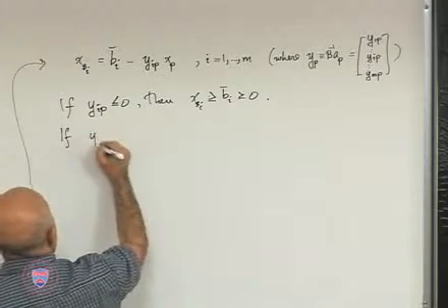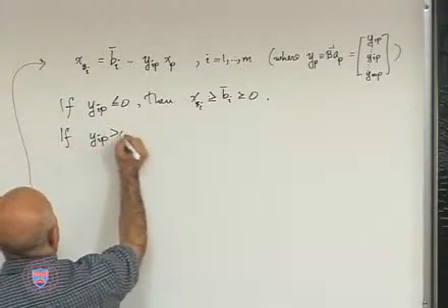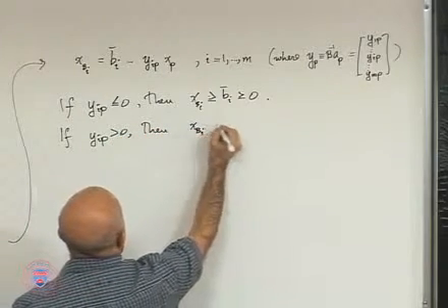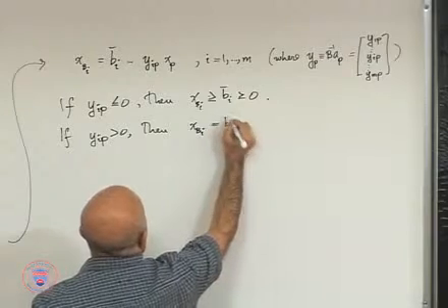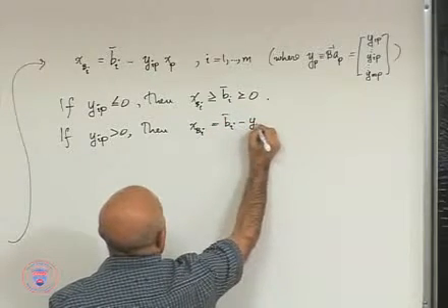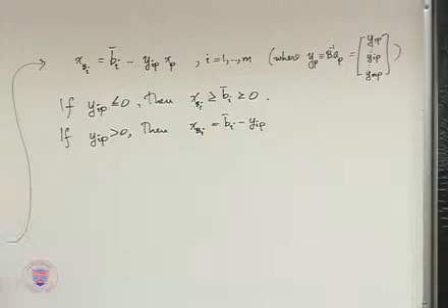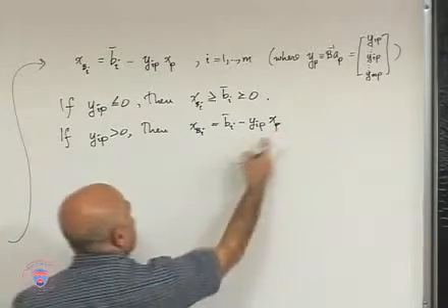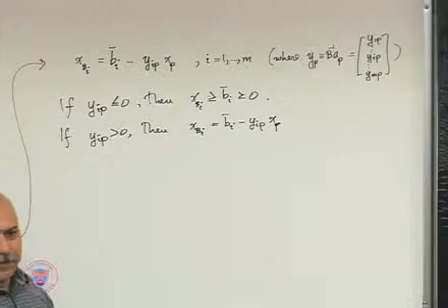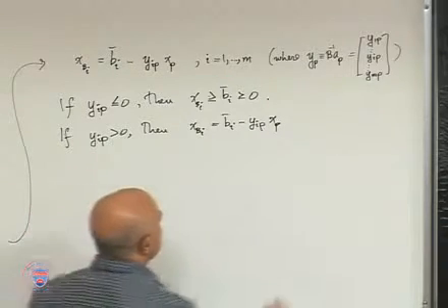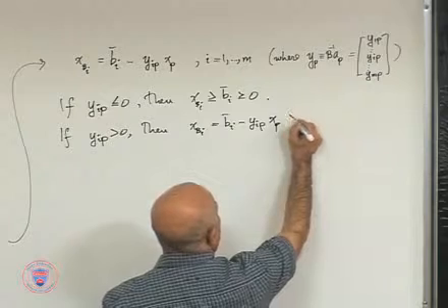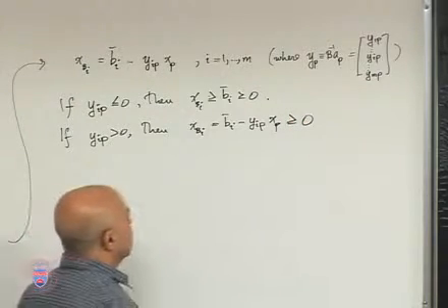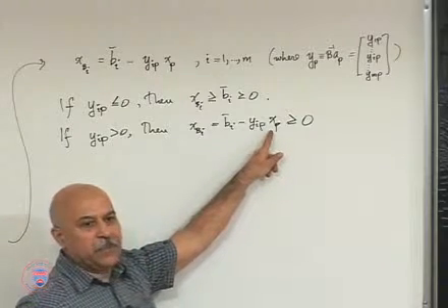If, on the other hand, y_ip happens to be positive, then of course x_Bi as dependent on x_p is simply the current value minus a positive number times another positive number. So this will start going downhill from the current value. And because of that, you want to ensure that it stays non-negative by not making x_p too large.